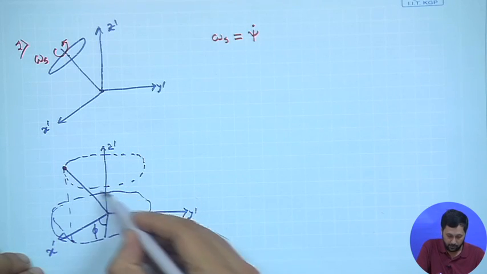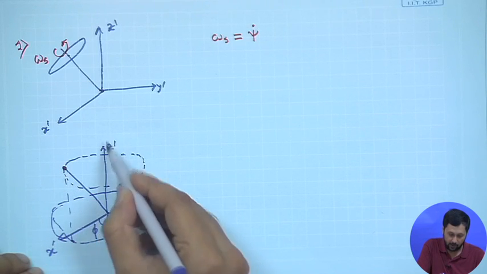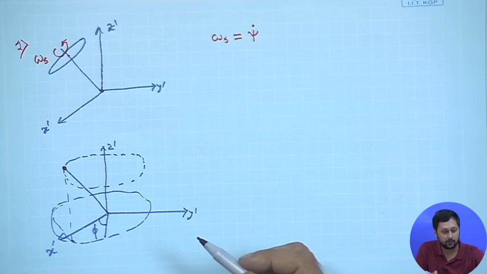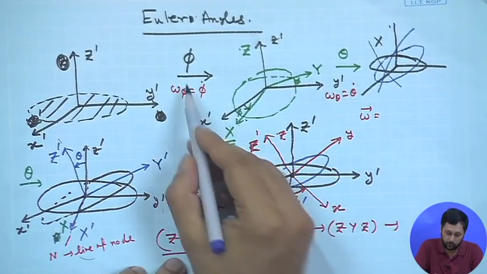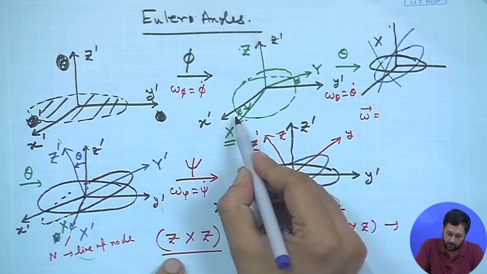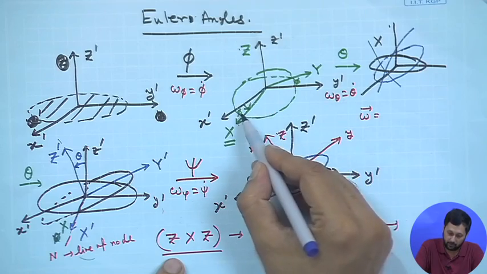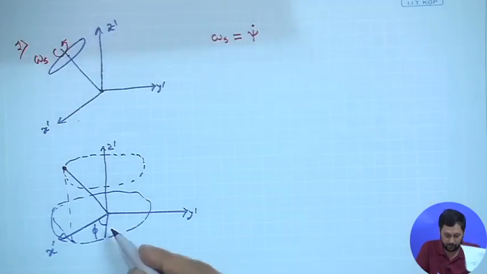Because we essentially have a motion around the space z axis, and if you recall our initial discussion on Euler angles, the first Euler angle phi is a rotation around the space z axis. So, this angle phi is very well describing this particular type of motion.